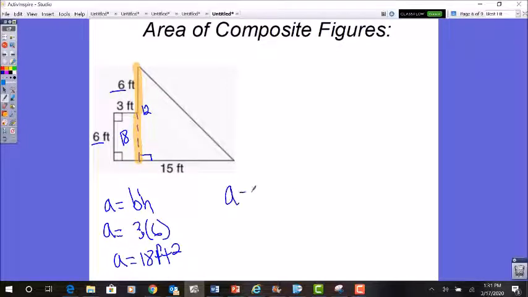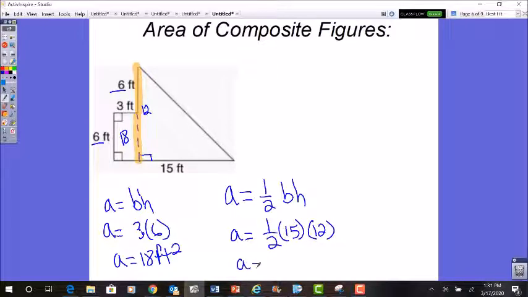So let's start with our area formula for our triangle: 1/2 base times height. In this case, it's 1/2 times a base of 15 and a height of 12. Now when you multiply that through, it doesn't matter what order you multiply, you're still going to get the same answer, so you can use the commutative property.